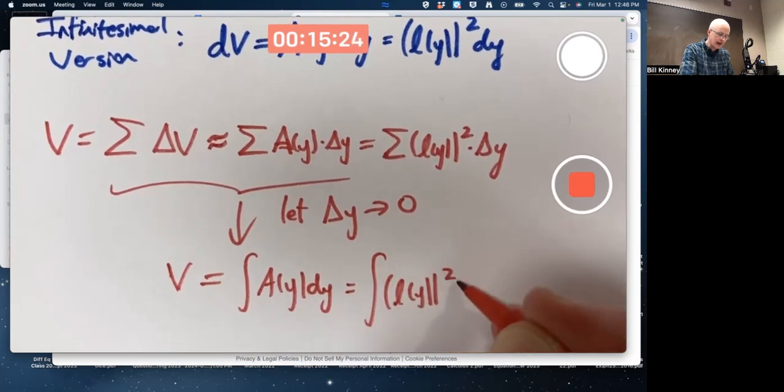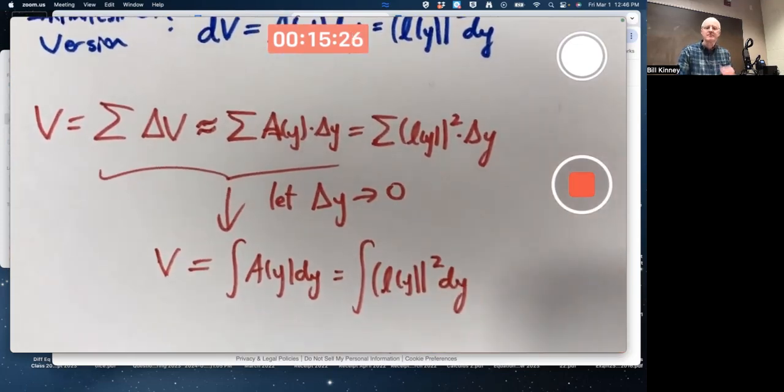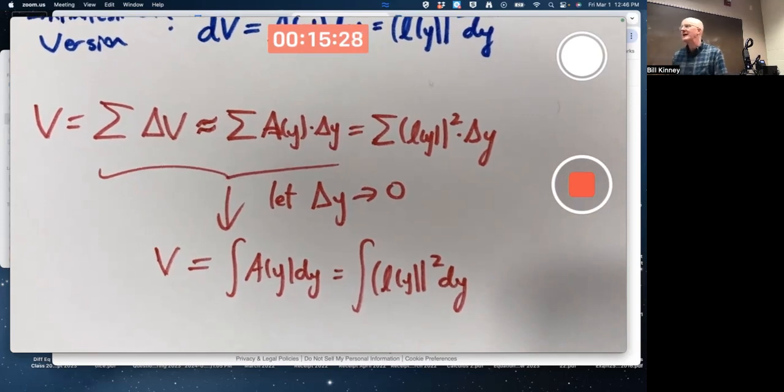I can write it either way for this example. However, if this is going to be useful, it has to be a definite integral. It has to have limits of integration. I can't do anything if I don't have any limits of integration here. I mean, I could find an antiderivative, but that's not what I'm trying to do. I'm trying to find the exact volume of this thing.